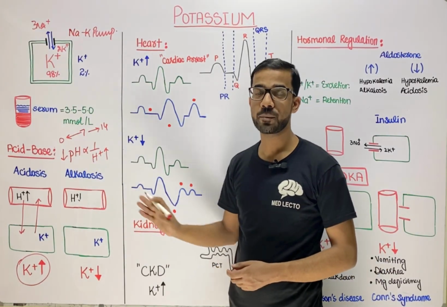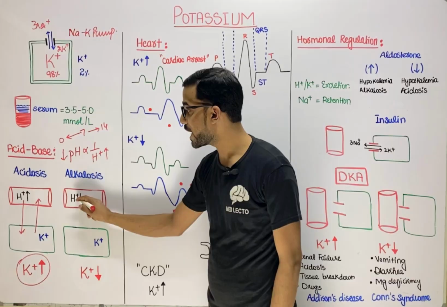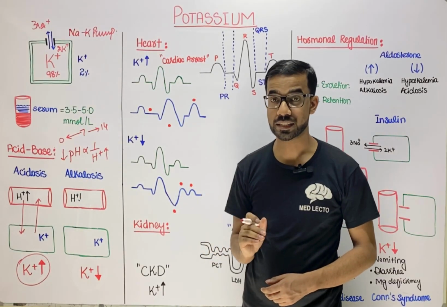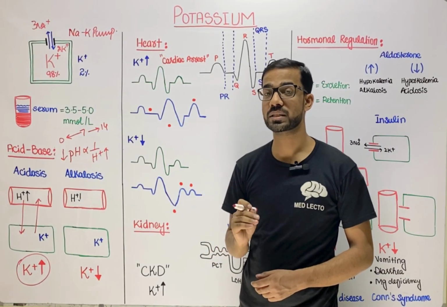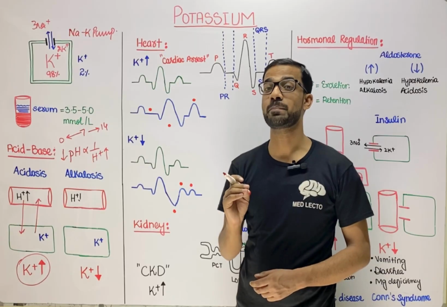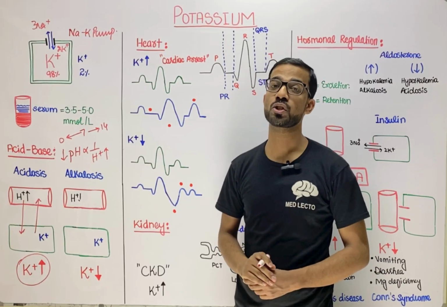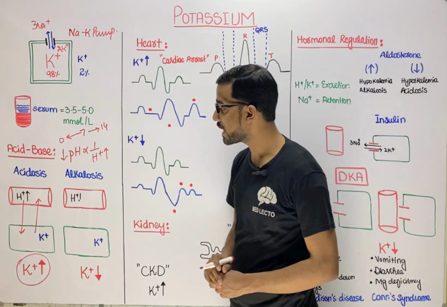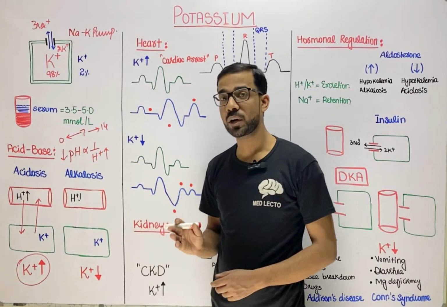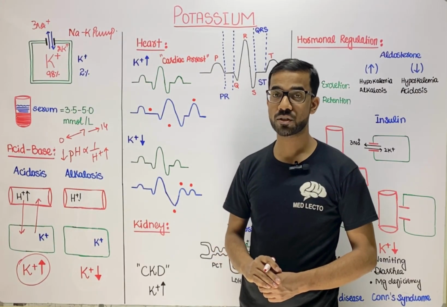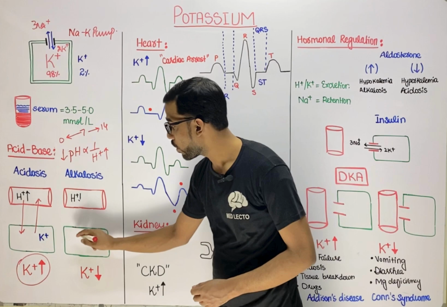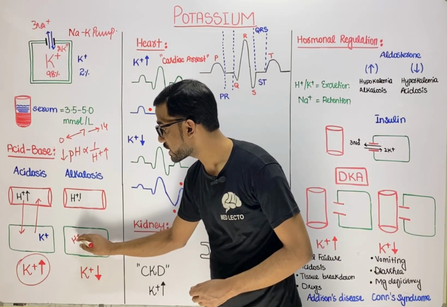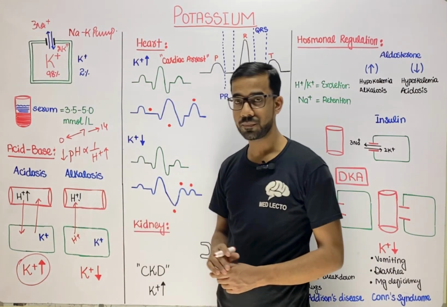Similarly, the opposite case will be alkalosis. In that case, the H positive concentration starts decreasing. Decrease in the H positive concentration, increase in the pH, and increase in the pH goes towards the alkalosis. But in that case, again our body will try to compensate the concentration of the H positive ion. So H positive ions inside the cell start moving into the blood.